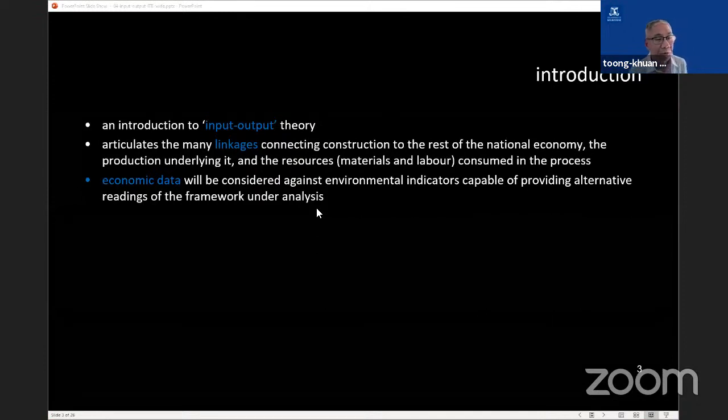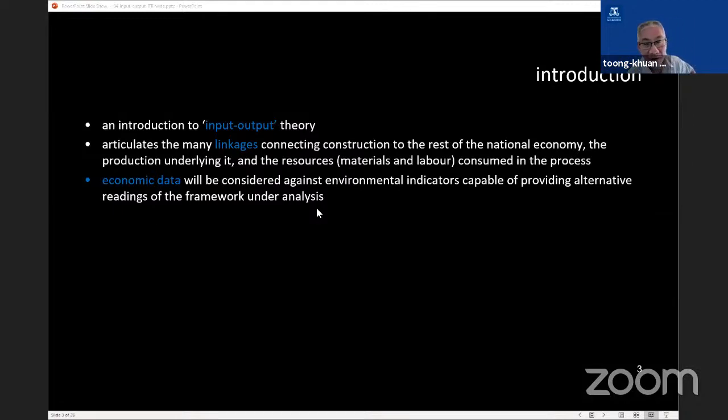So the economic data that we will look at can be used not only to look at materials, you can also use it to look at labor, how much labor goes into the construction industry. Now, if you start to think about this, this is a very powerful tool. If you are interested in environmental sustainability, if you think about carbon, right?